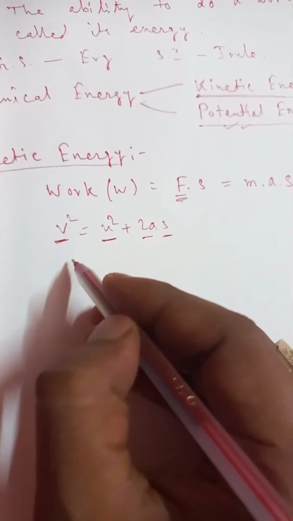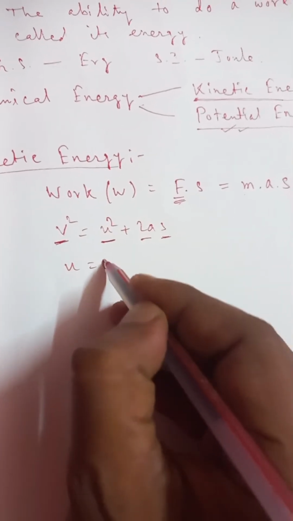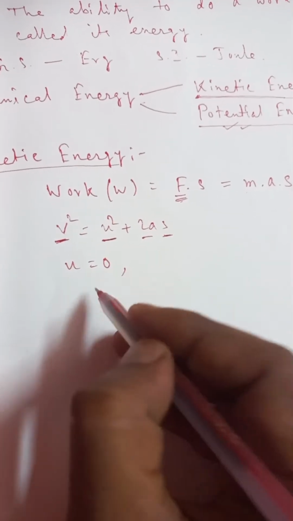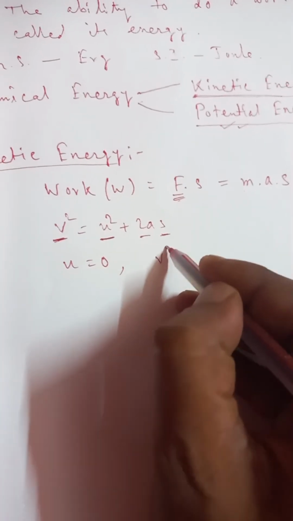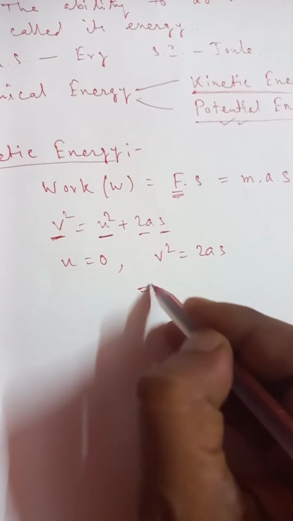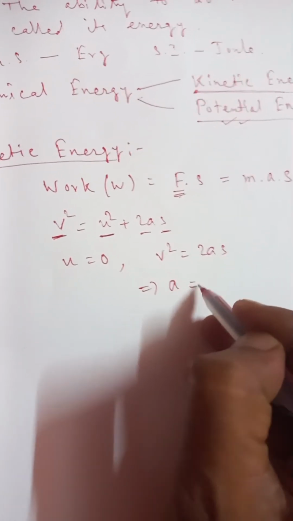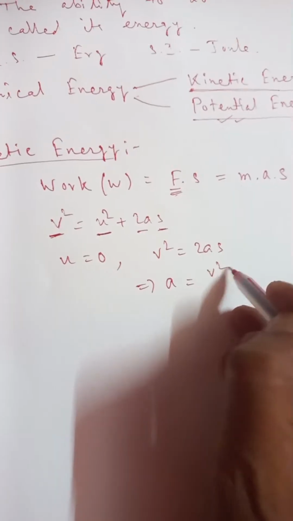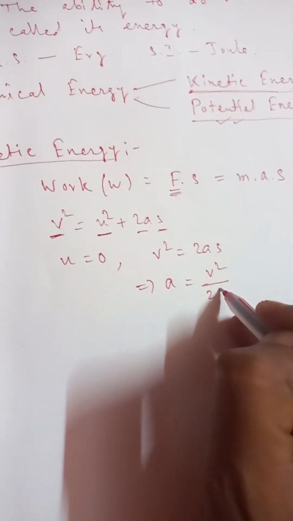If we take u equal to 0, then v square is equal to 2as. So acceleration will be equal to v square by 2s.